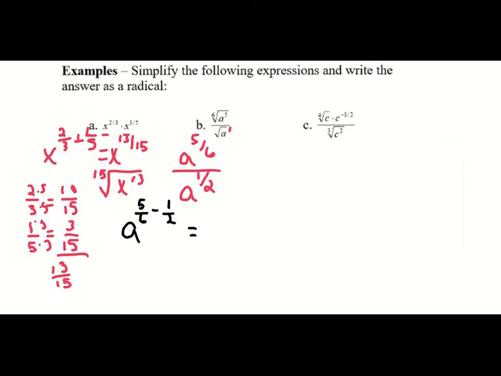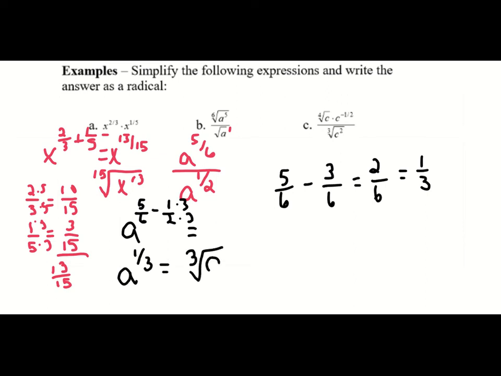My common denominator is going to be 6, so I'm going to do 5/6 minus, I'm going to turn that into a 6, so I'll times it by 3, so it would be 3/6, so it gives me 2/6, or I can simplify it down to 1/3. And so when I write my answer, I'm going to have A to the 1/3 power, or as a radical, it's going to be the cubed root of A.